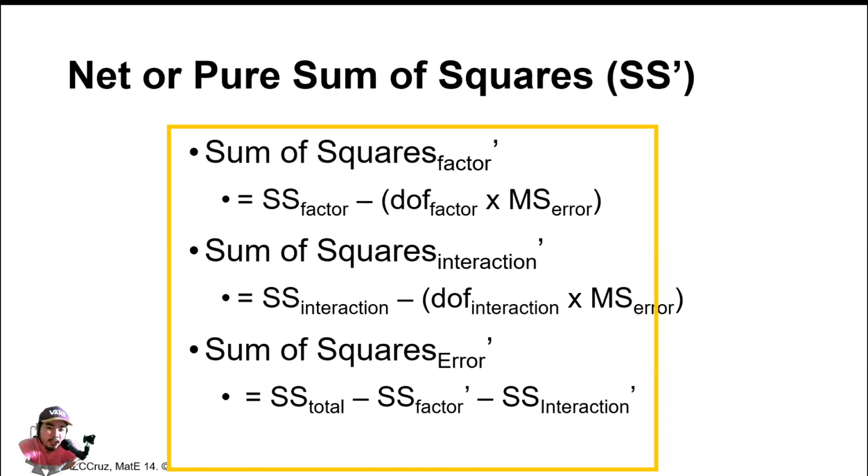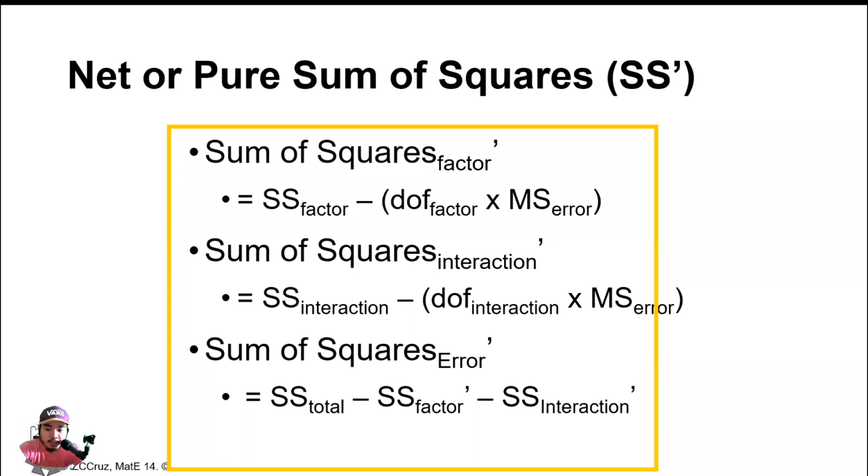So, ang gagawin natin is we take the sum of squares ng factor na yon and we deduct the MS error multiplied by the DOF of that factor. Okay? Tapos yung sum of squares ni error natin will just be equal sa sum of squares total minus the pure sum of squares of the different sources natin, whether it's a factor or it's an interaction. Okay?